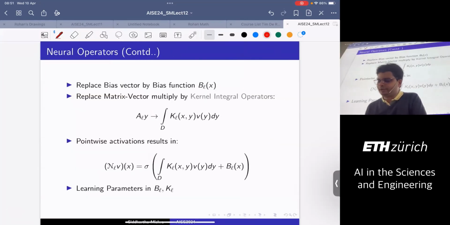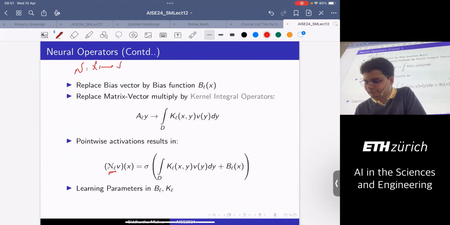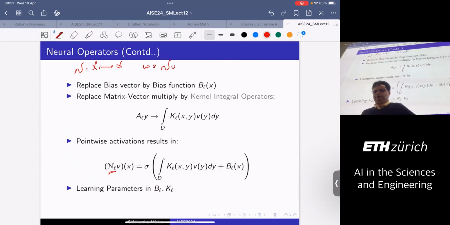So remember that now my N is a mapping which takes function to function. So my w is equal to N of v. This is the setting that I'm working with: a function input and a function output.